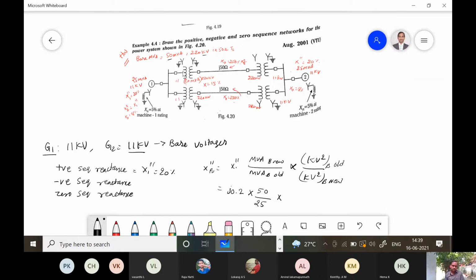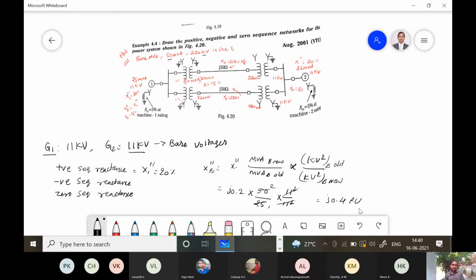Here old and new are both 11 kV, so 11 squared by 11 squared cancels. So X per unit is equal to j0.4 per unit. We have just calculated the positive sequence reactance, 0.4 per unit.